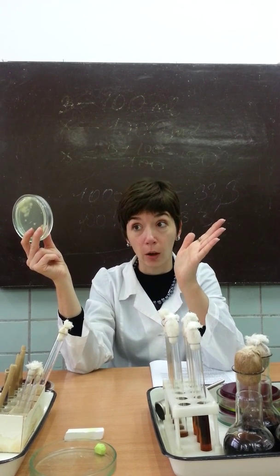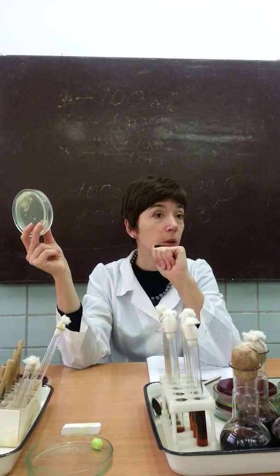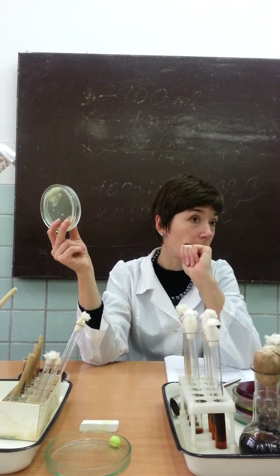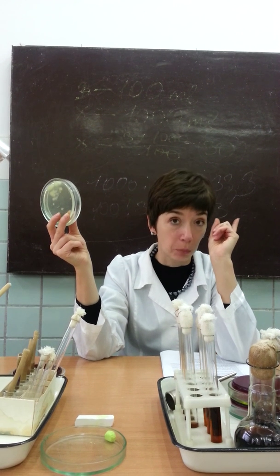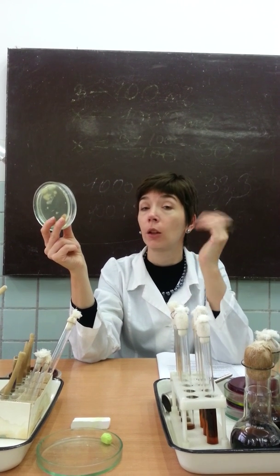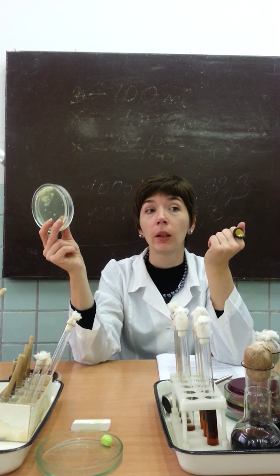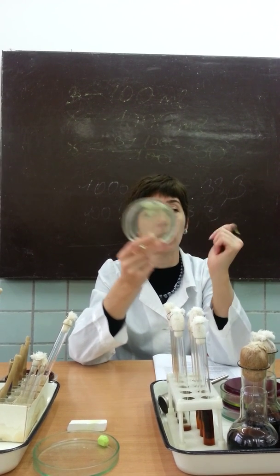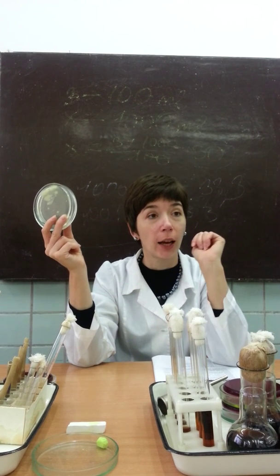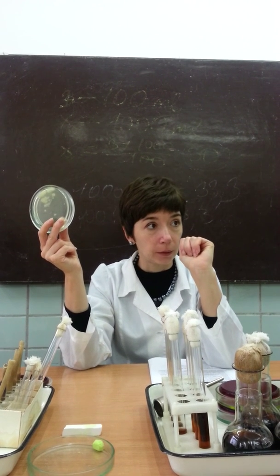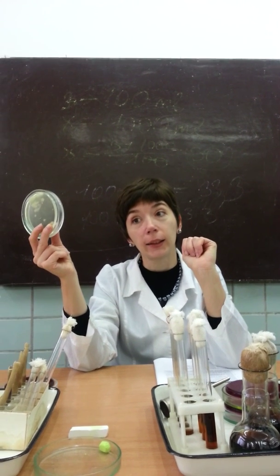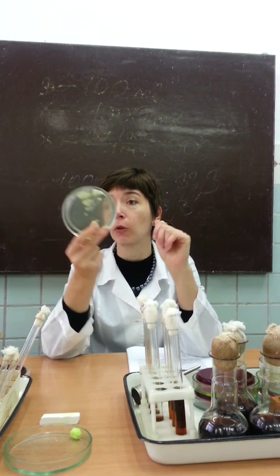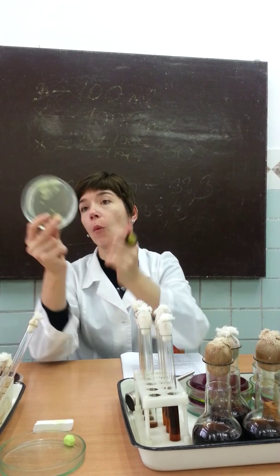Yolk, because in yolk lecithins are present, which helps to demonstrate the pathogenic property, production of lecithinase. It's a pathogenic enzyme which destroys lecithins. If bacteria produce this, we see a white area near the yellow colonies. Can you see?